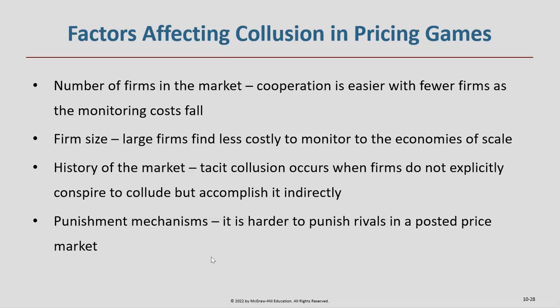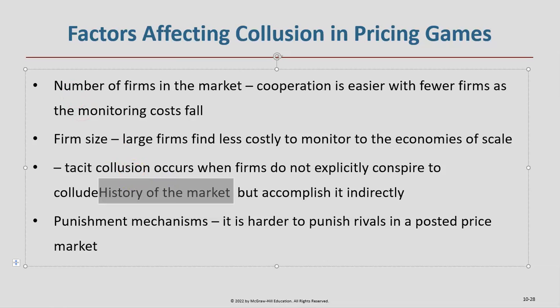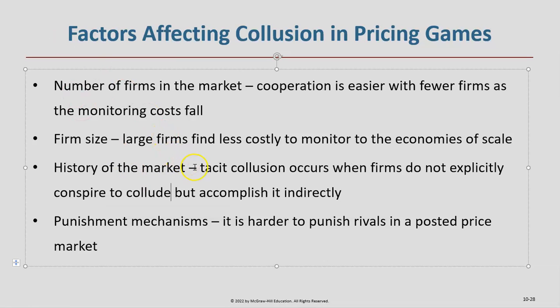Larger firms will be able to afford to monitor their rivals, due to things like economies of scale. Okay, the history of the market matters. If business firms know each other, then tacit collusion is more possible.